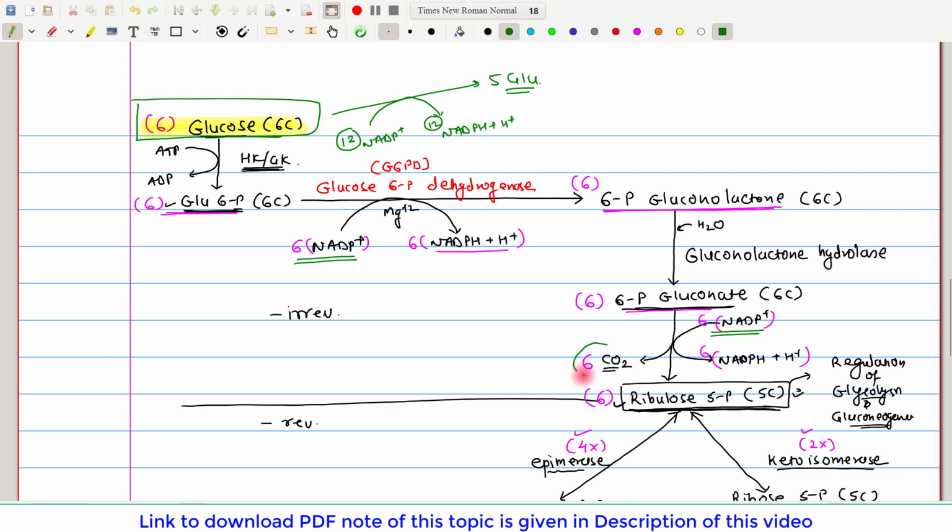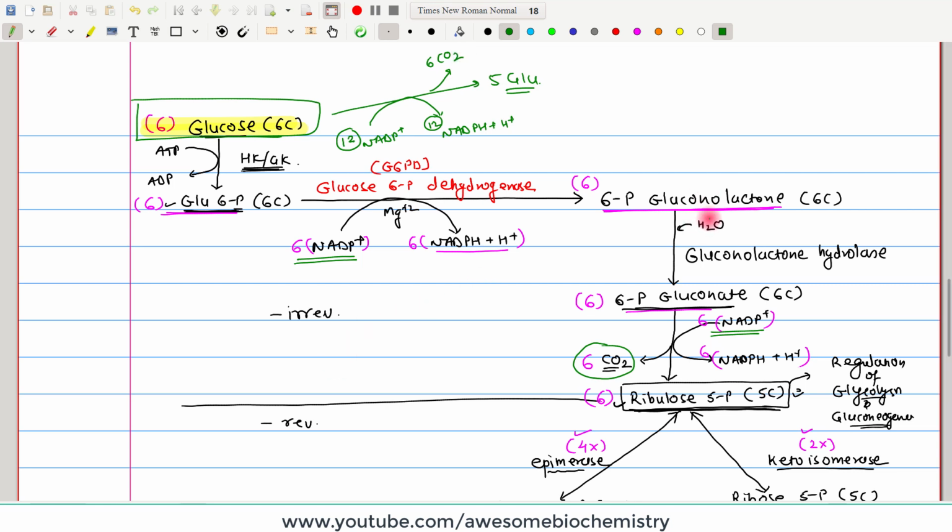Along with that, we are releasing 6 carbon dioxide molecules. And remember this H2O, it will also be required: 6 molecules of water are required. So this particular reaction is the oversimplified version of the hexose monophosphate pathway.